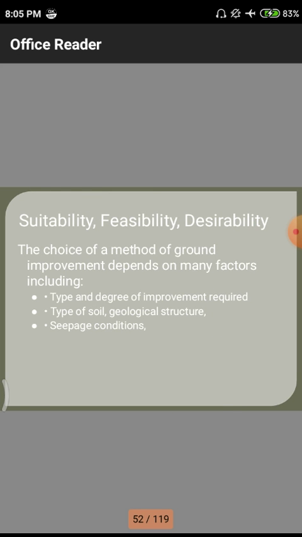Next one we are having suitability, feasibility and desirability. Suitability means whether the material suits the particular sand. Feasibility means whether it is a cheaply available material or otherwise. That means it entirely depends upon the cost feasibility properties. Next one, desirability.